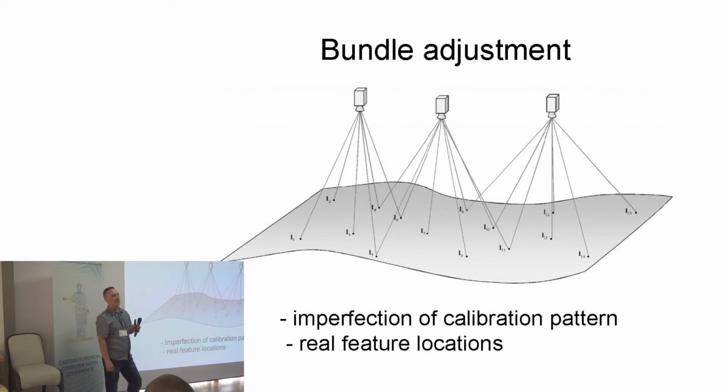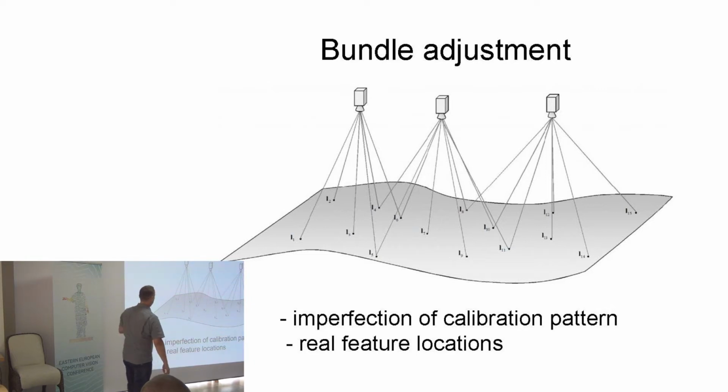Here the bottleneck is an imperfection of our calibration pattern, because it's printed with reduced accuracy, and it's not really planar, because paper is distorted and computer monitor is distorted and so on. So we should compensate all these noises in our pipeline.